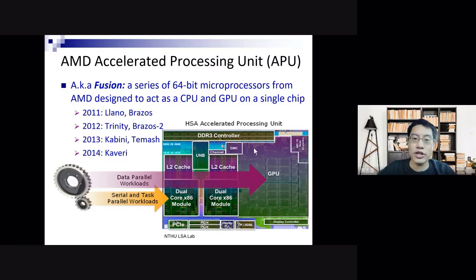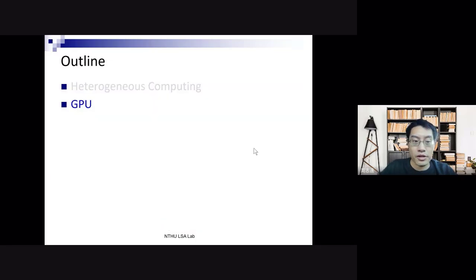So actually it does have an accelerator, but the accelerator is already very tightly coupled with the CPU. So it might even be able to achieve higher performance than just plugging in a GPU unit. All right. So that's just a brief overview of heterogeneous computing before we jump into GPU.